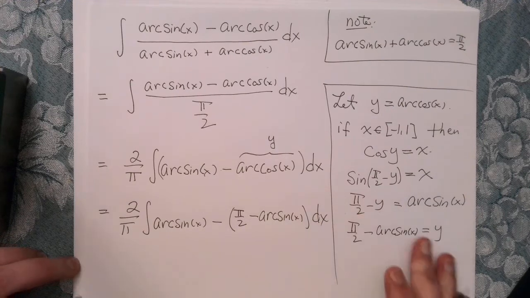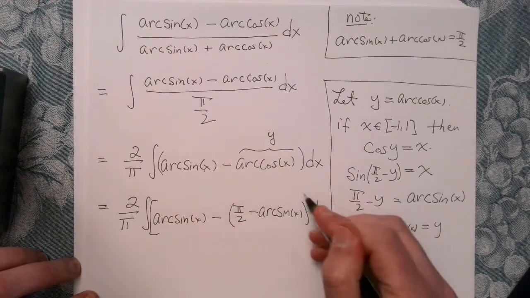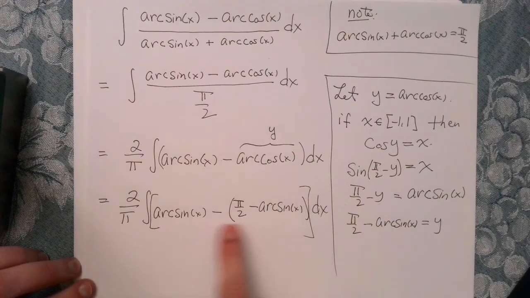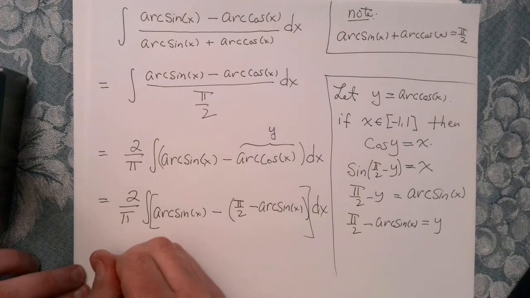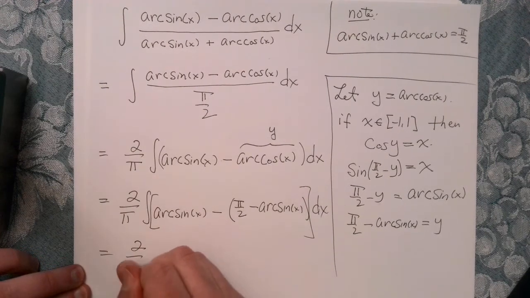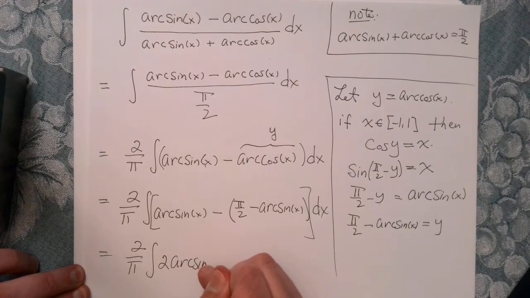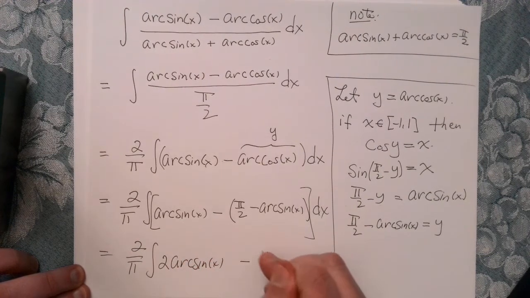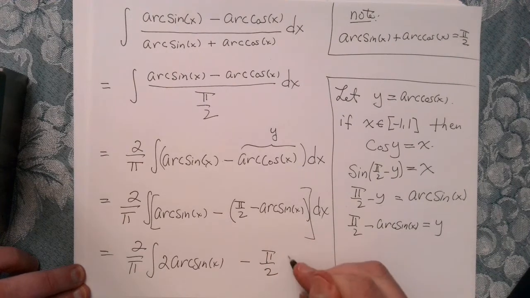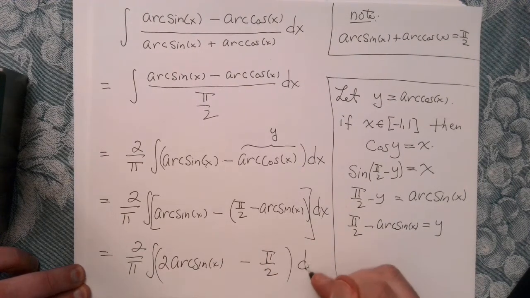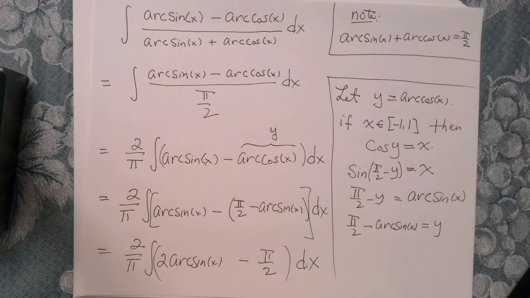And that's dx. Okay, so I've got some like terms here with the arc sines. So that gives me 2 over pi times the integral of 2 arc sine of x minus pi over 2 dx.